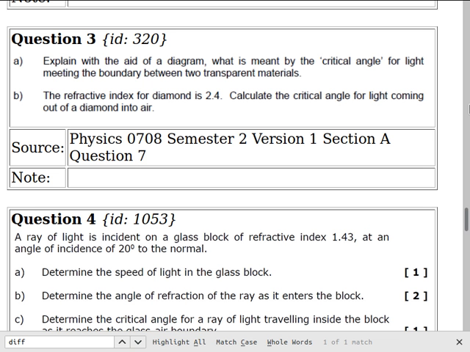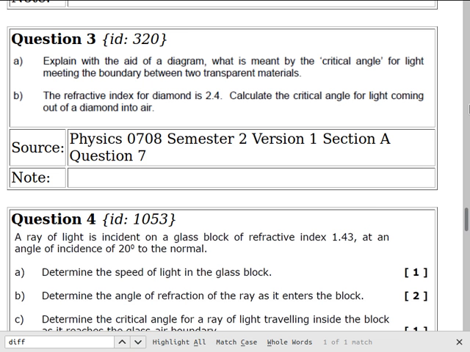So the light going in has no critical angle, because we're going from a low to a high index. You can never choose an angle from air to diamond that would cause it to come back to the air. However, when the light is in the diamond and leaving it to go into the air, there is a critical angle that could cause it to actually internally remain.